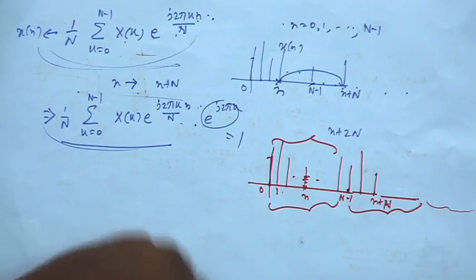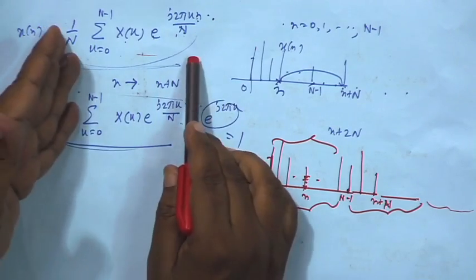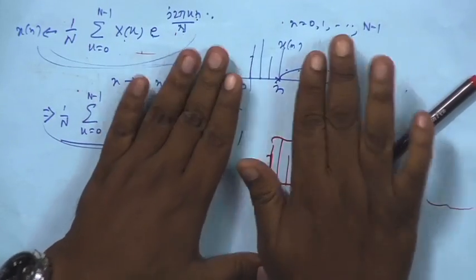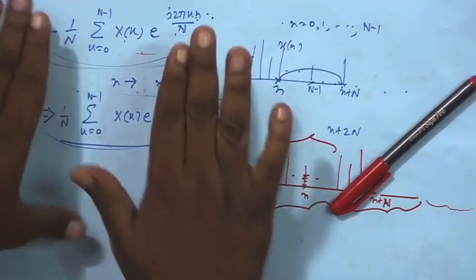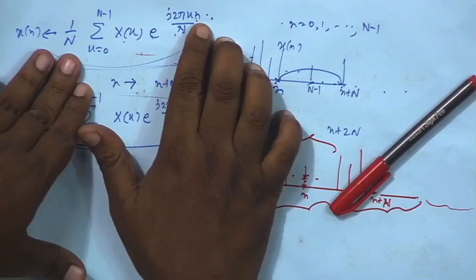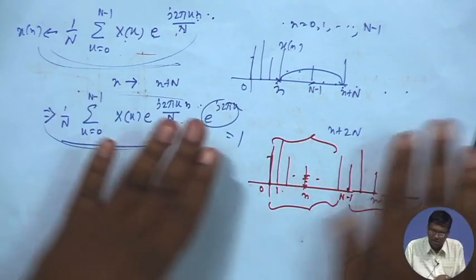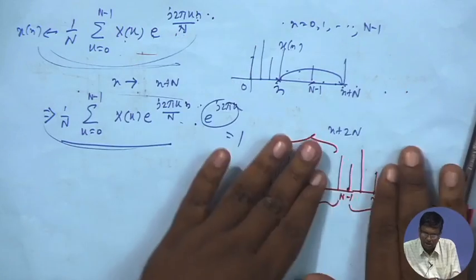That means, if you take the inverse DFT, you get the sequence from 0 to capital N minus 1 first. But in the inverse DFT, I now allow small n to take all values from minus infinity to infinity. What you will get is just repetition of this basic period.